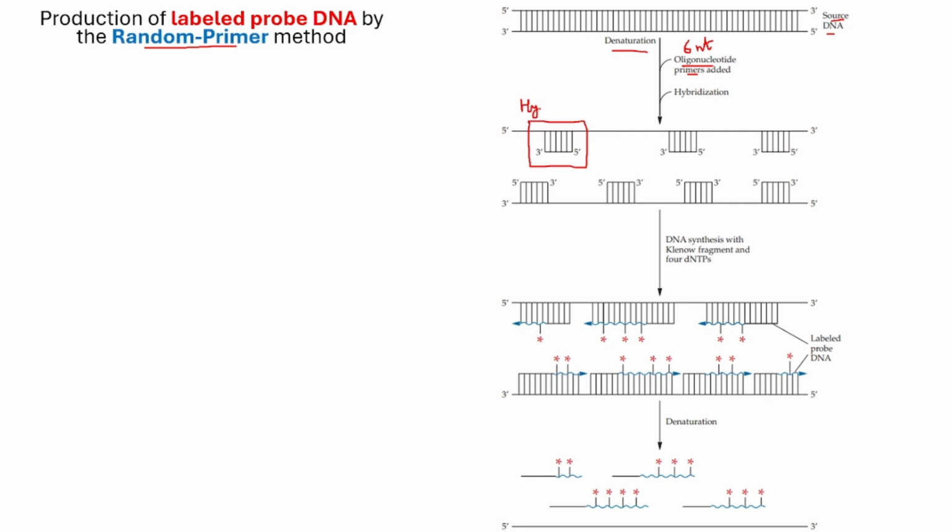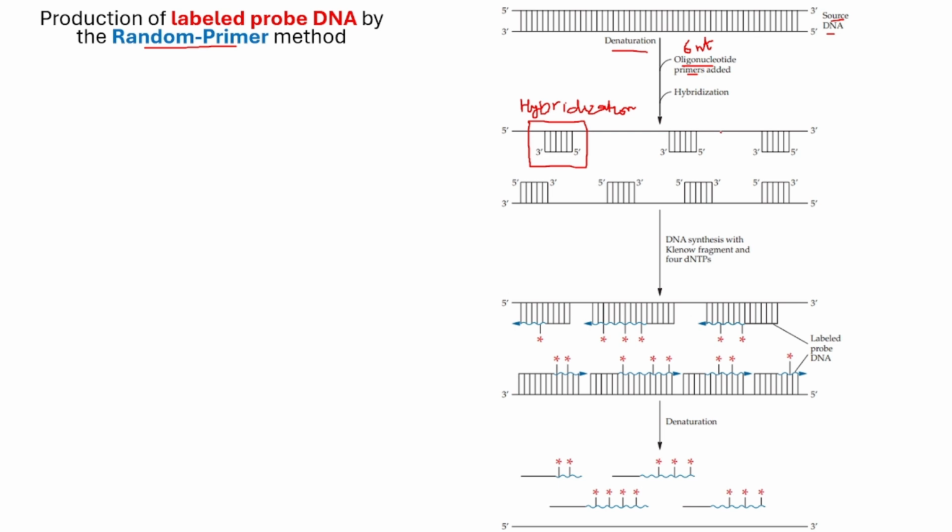So when you are randomly synthesizing oligonucleotides, which are random combinations of 6 nucleotides, some of the combinations will fall into place, and those combinations of nucleotides will bind to the target DNA.